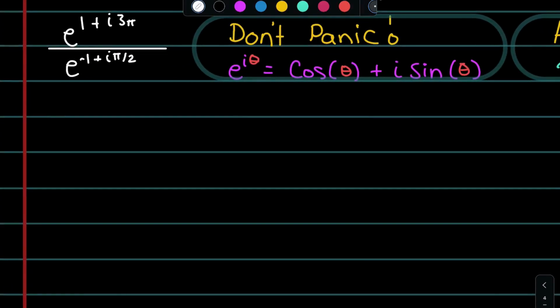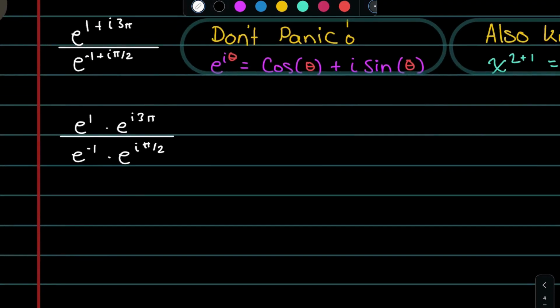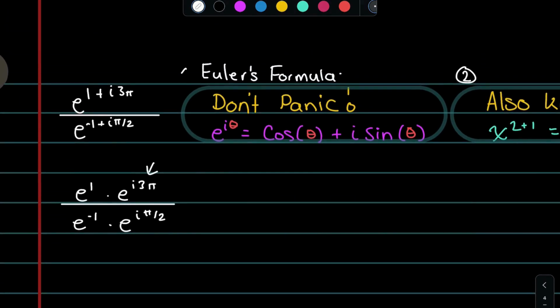So first of all, in the numerator, we can break this up as e to the first times e to the i 3pi. And then in the denominator, we can do the same thing, e to the negative 1 times e to the i pi over 2. Okay, and so from here, we used rule 2, and then Euler's formula.